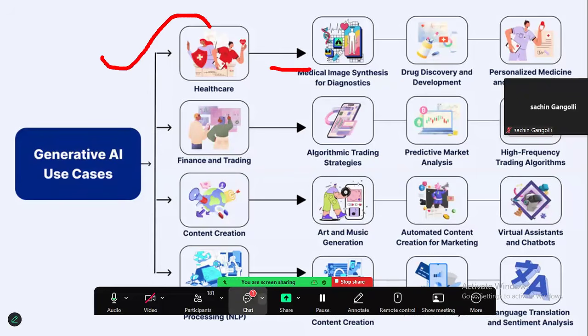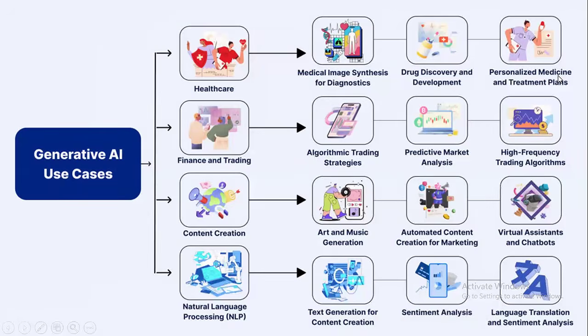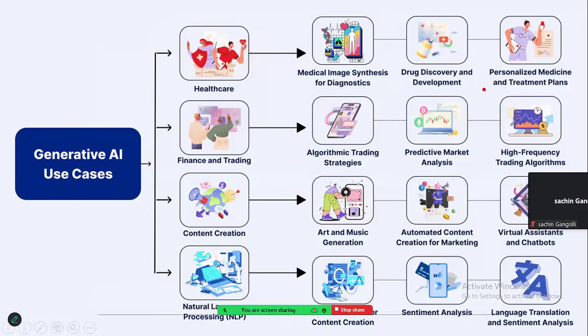So, medical image synthesis for diagnostics: if you have an image, you upload it. Drug discovery and development: if you want to find a drug, or you already have drugs and some components, you provide that data to the models and they analyze it. Or personalized medicine and treatment plans: if you have a deficiency of vitamin B12 or D, you ask the LLM a question, and it suggests, happily you can take this tablet at such a time for that amount of time.